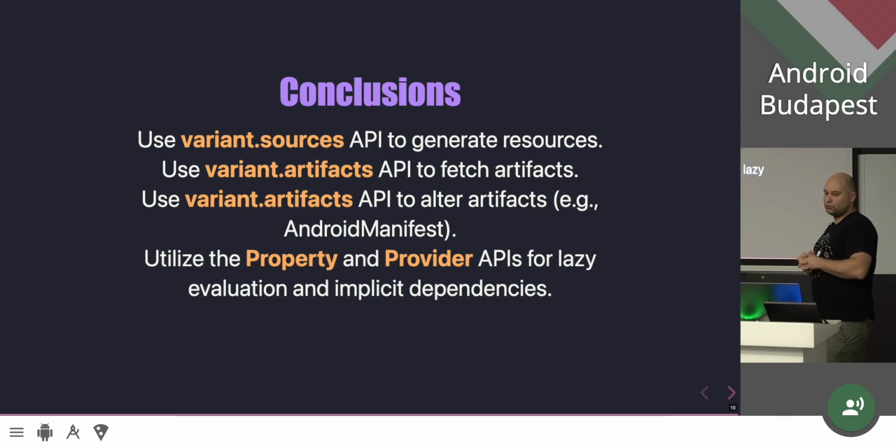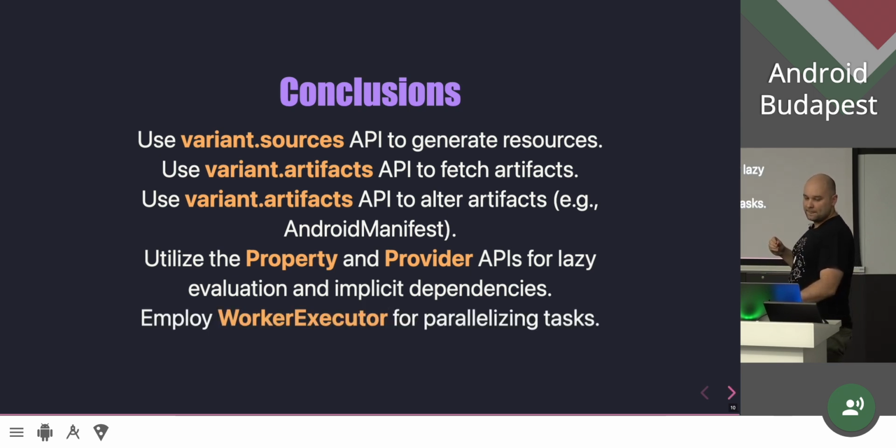Make sure to use properties and providers. You may ask what could be used, and the best practice is setters and getters. This is a bad practice, just passing the reference to the task. Wrap your input, output, use properties from the Gradle APIs, and you will be good.